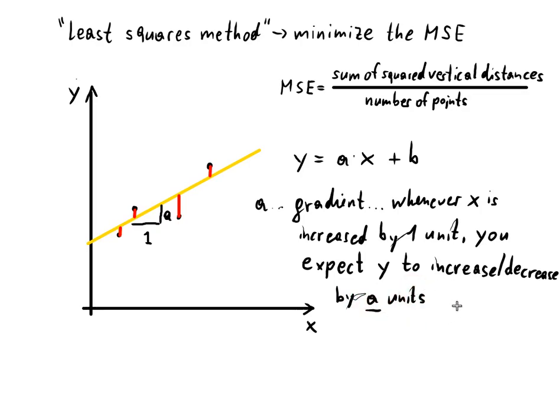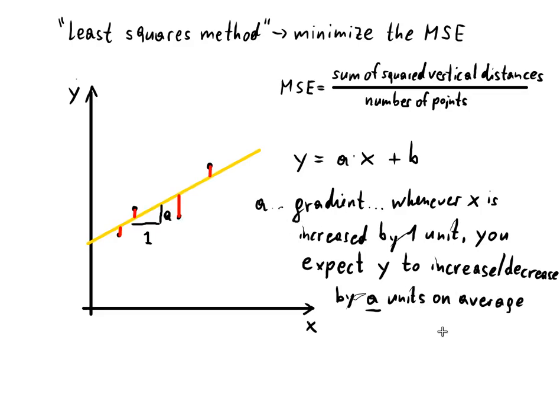So a, the gradient. Well, so you expect that, and of course it's only happening on average. Because if you look at the points, it doesn't happen for any point, but it happens on average.